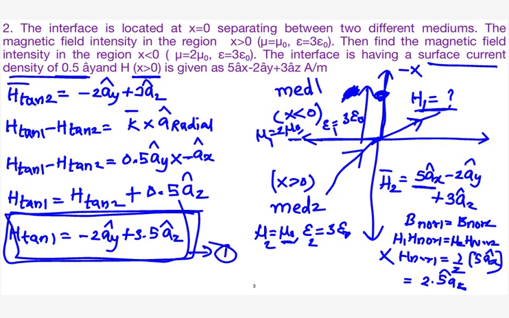So the magnetic field intensity in the first medium is the sum of the tangential component plus the normal component. So you can add this and this together. So the final answer becomes 2.5 ax cap minus 2 ay cap plus 3.5 az cap.